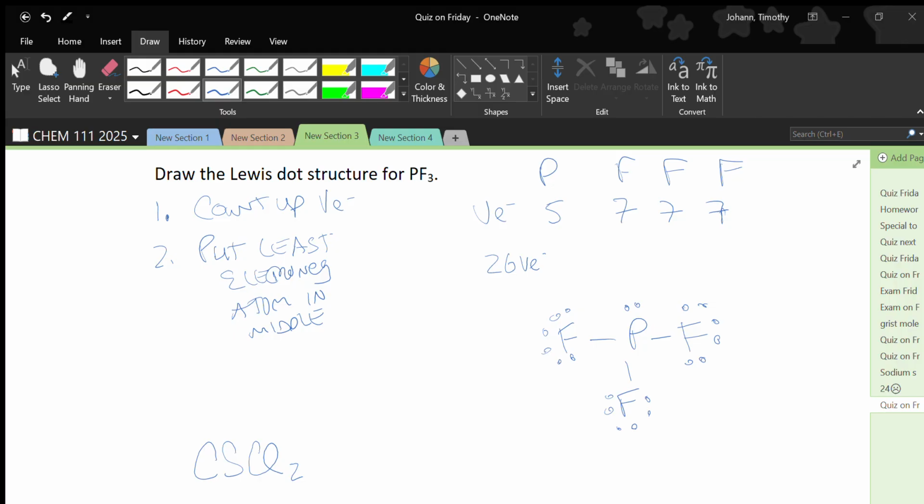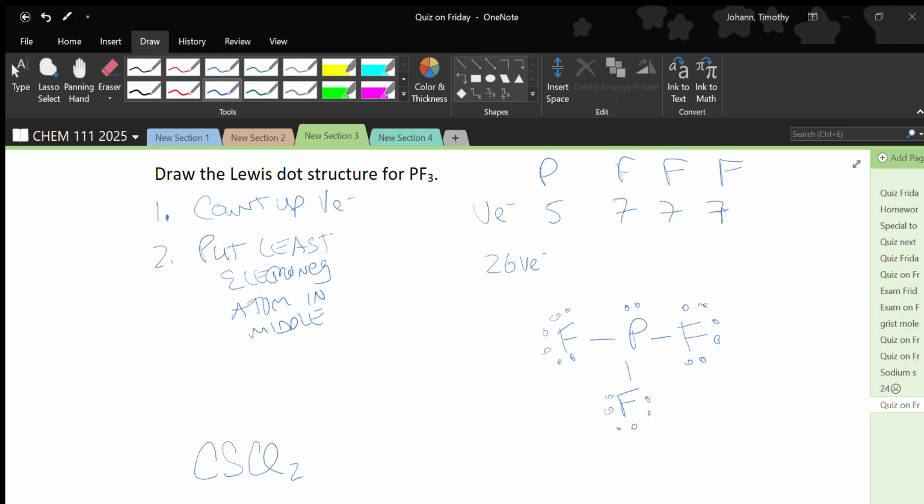Right, so which one's less electronegative? It increases over to the right side. In terms of what goes in the center, which one is less electronegative?